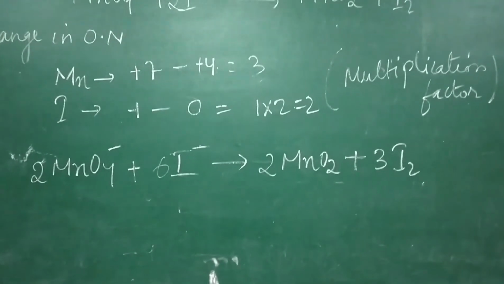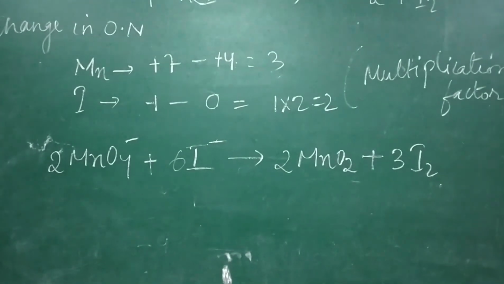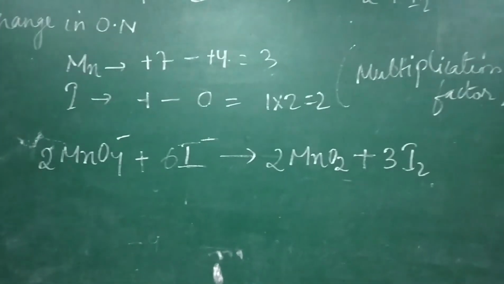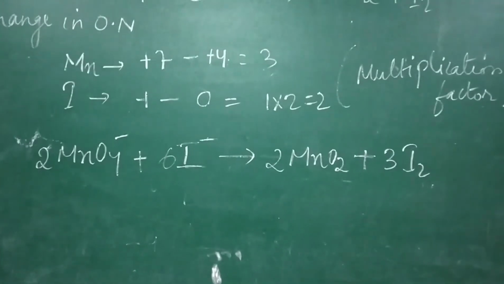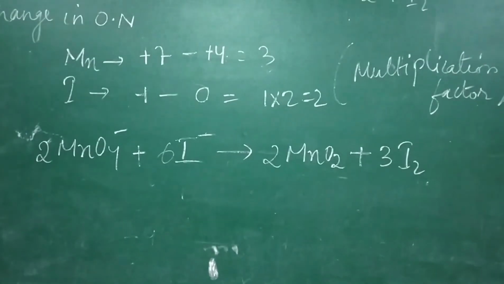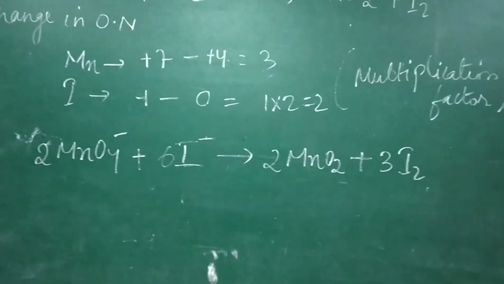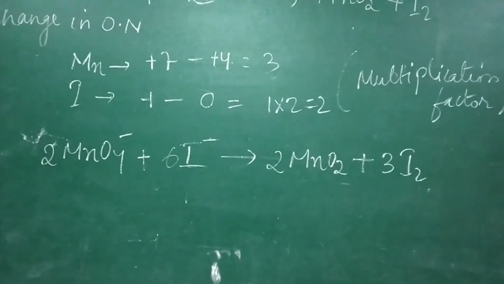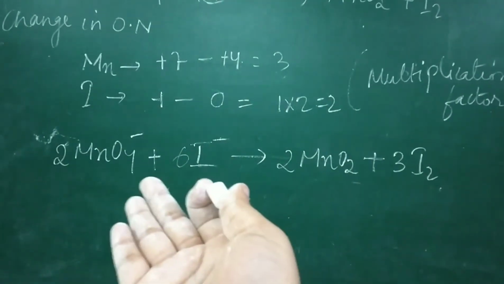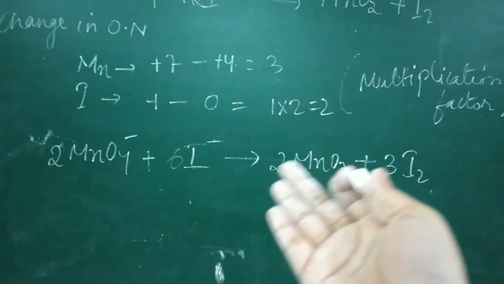Now the next step is to balance the oxygen atoms. We will balance the oxygen atoms in the similar manner that we did in the half reaction method. The next steps are just like the half reaction method. We balance the oxygen atoms by adding the requisite number of water molecules on the required side. Here on this side there are a total of 8 oxygen atoms, and here there are a total of 4 oxygen atoms.